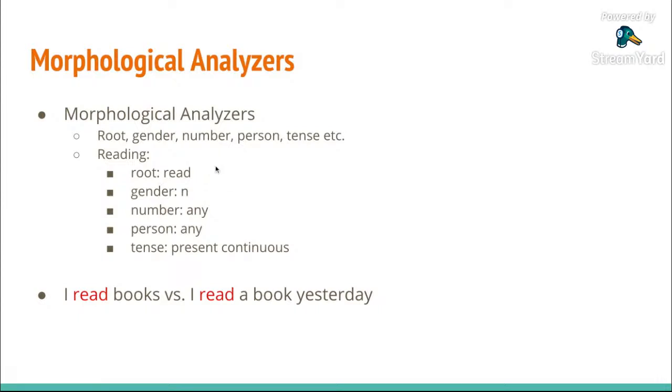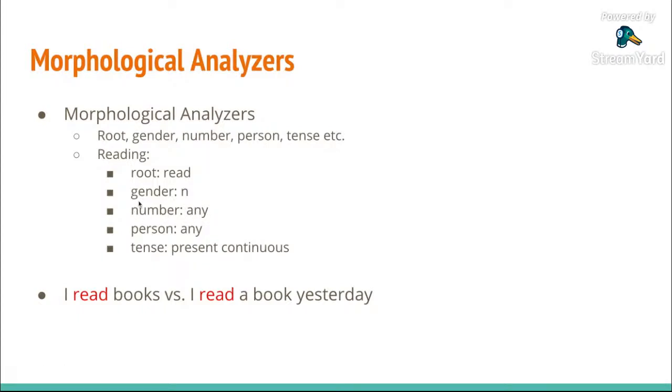So the root form is read here, and gender is neutral because we are not specifying any gender for this word. For some words, there can be gender information. For example, if you take nouns, Ram is a masculine gender word, whereas Gita is a feminine gender word.